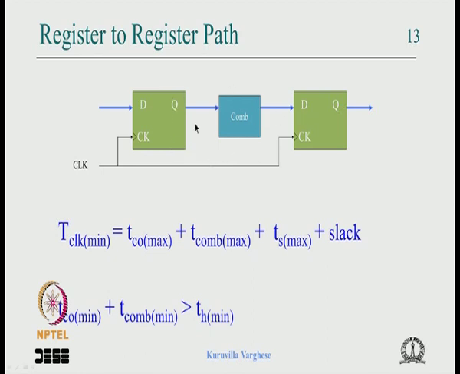In the case of a state machine or counter this could be next state logic, in the case of a data path this is some computation, but the clock period is chosen as TCO, TCOM and T setup all maximum, and T clock period should be greater than that. And to avoid hold time violation, this delay plus this delay, which is the minimum delay, should be greater than the minimum hold time.